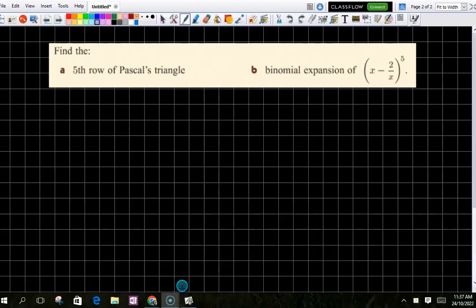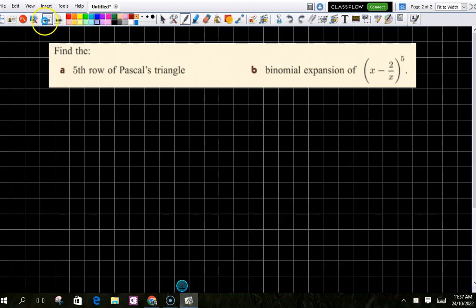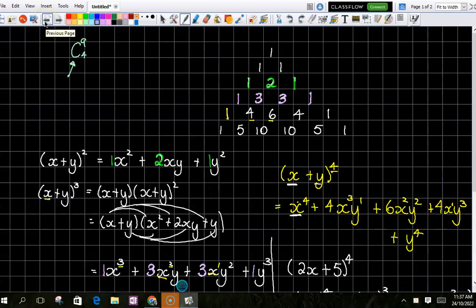Now I've asked the class to do Pascal's triangle up to row 5, right? And you can do it like they've done here. But what we talked about last lesson was, remember, this row here, this is actually C50. This is C51. This is C52, and so on.